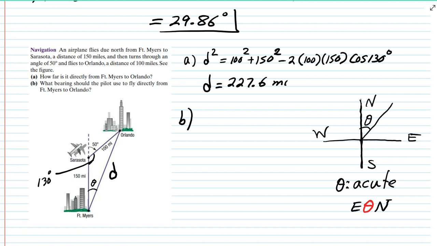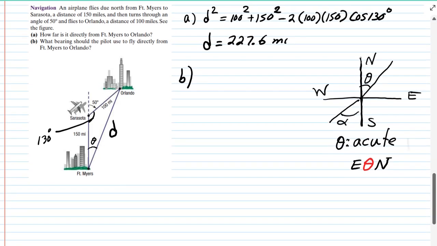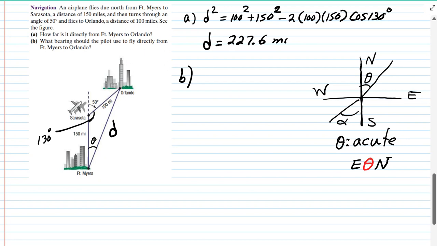So that's the measure of angle theta that is east of north. If the angle is in the third quadrant here, call it alpha, well, this angle alpha is west of south. So the first letter indicates the east or west side, and the second portion indicates the north or south.